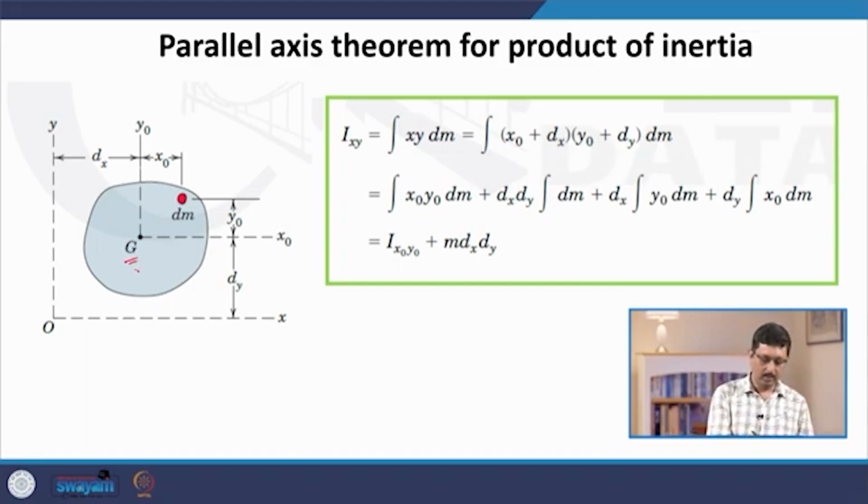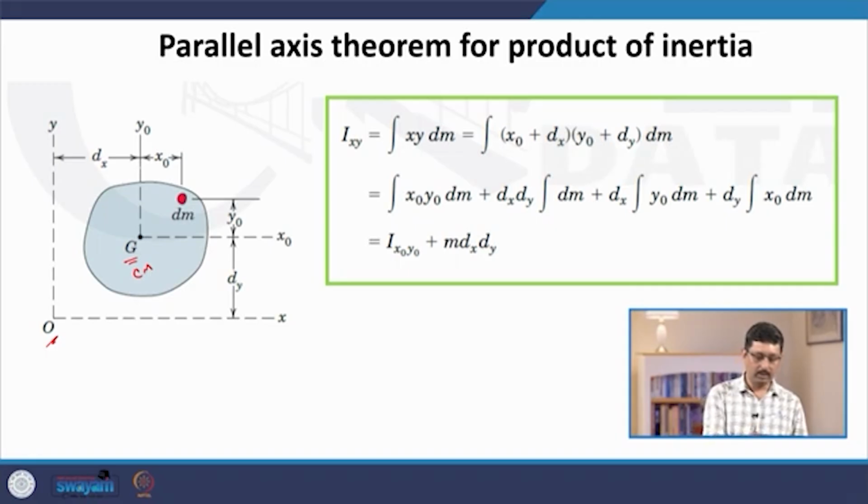G is the center of mass position, and if we take G as the origin, then x naught y naught is a reference coordinate system in which the mass distribution is symmetric. Then we take an arbitrary coordinate system OXY, with an arbitrary origin location O, in which the mass distribution is asymmetric.